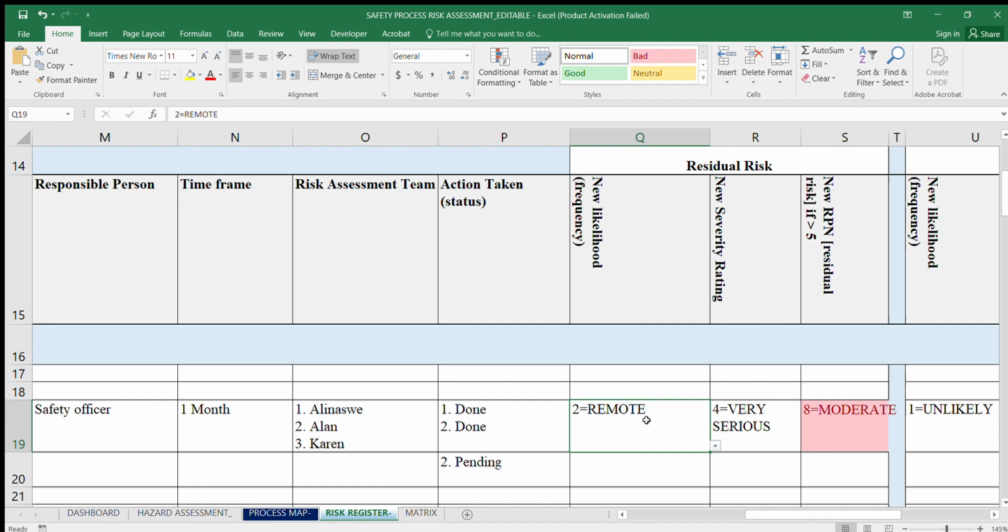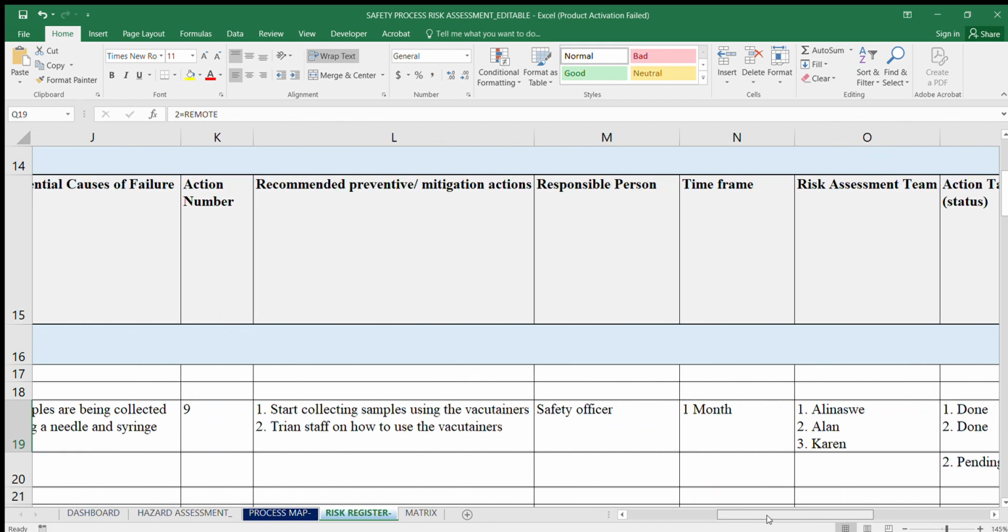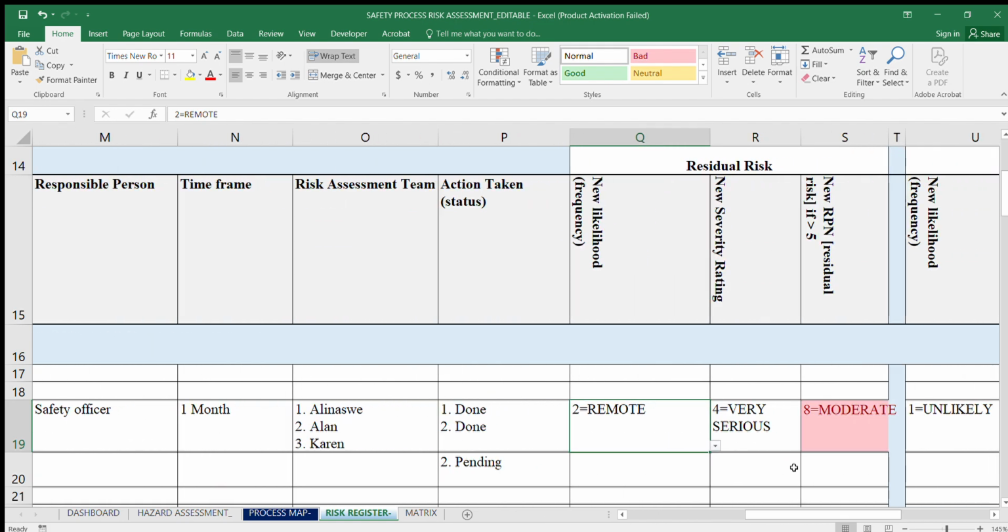But if you did not implement the mitigation measures, and you are now reviewing this particular risk, it means that maybe this will still be remote and the risk will still be high, or it will still be moderate. Apologies, I've forgotten the color. So it will still be moderate risk.